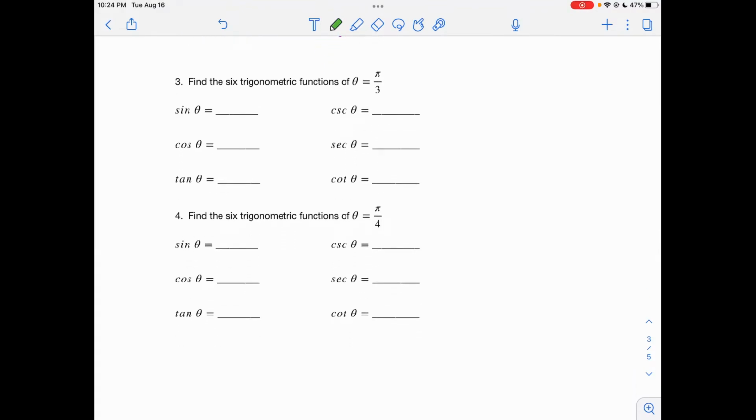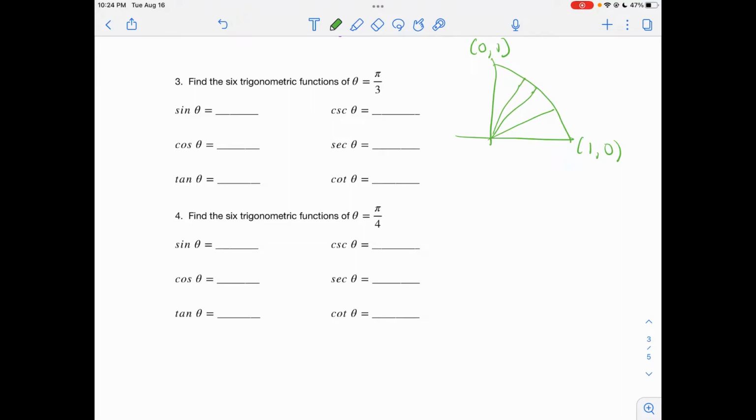So I want to find the 6 trigonometric functions of theta, which is pi over 3. Think back to what we just drew. In that first quadrant, I start at 1. 1 comma 0 is my quadrantal angle. 0 comma 1 is my quadrantal angle.